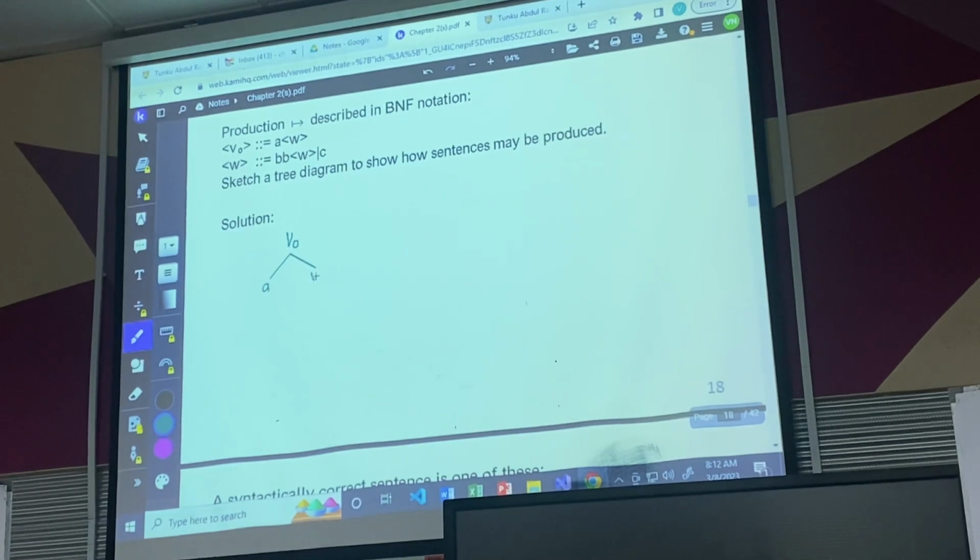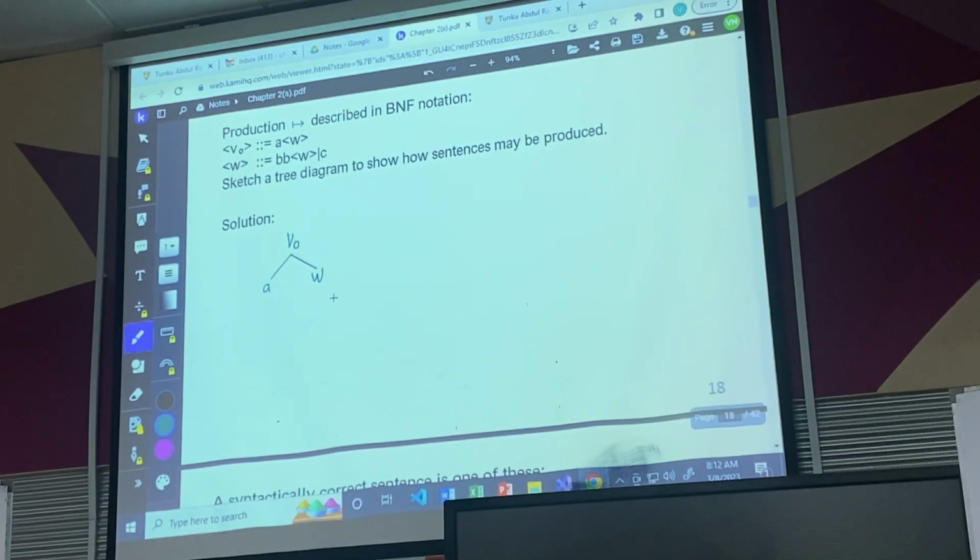In the tree diagram, we don't need to put bracket, doesn't matter. Okay, no need to put that. But you need to continue from W here. And after that, the W, we can substitute with 2 alternatives, isn't it?